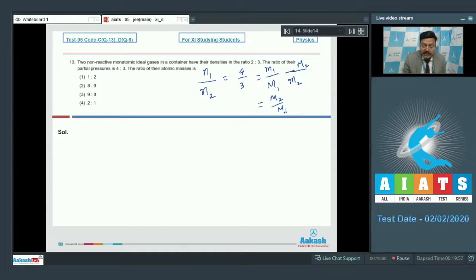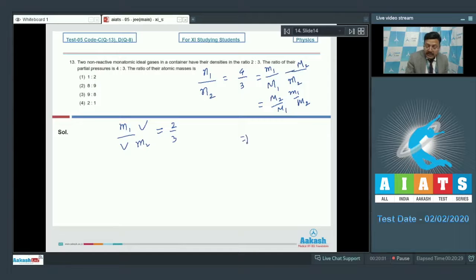Now what we have is that the densities are in the ratio 2:3. That means m1 by V into V by m2, where V is the volume, is simply equal to 2/3. So that means small m1 by small m2 can be put as 2/3.